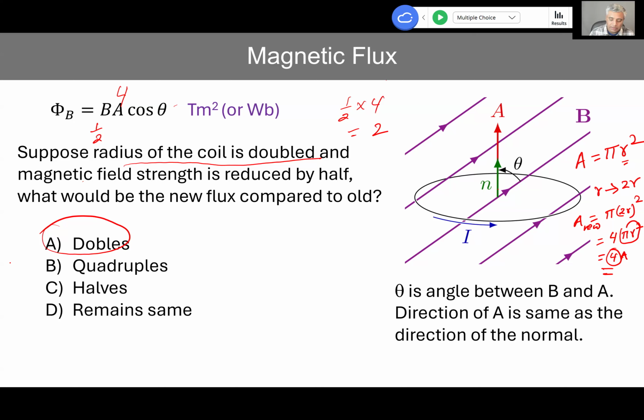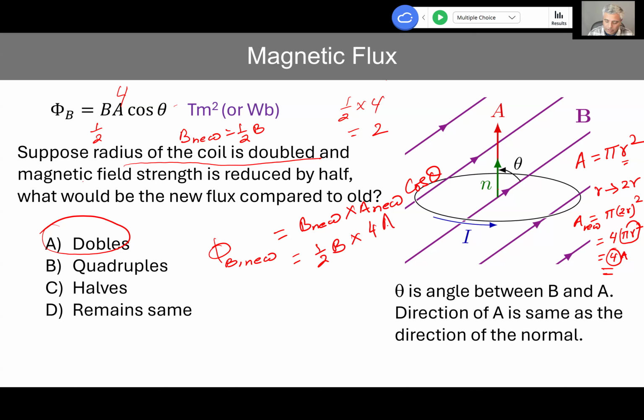Okay, so B new is half of B. So you can say the new flux, phi B new, is B new times A new times cosine theta. The cosine theta is not changing. So B new means half of old B, and A new means 4 times old A, and cosine theta.